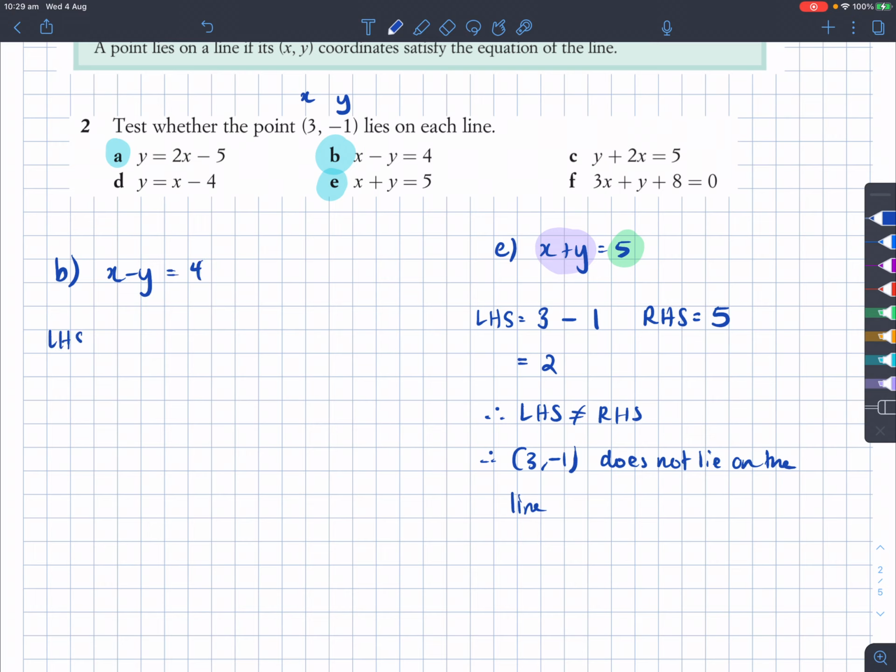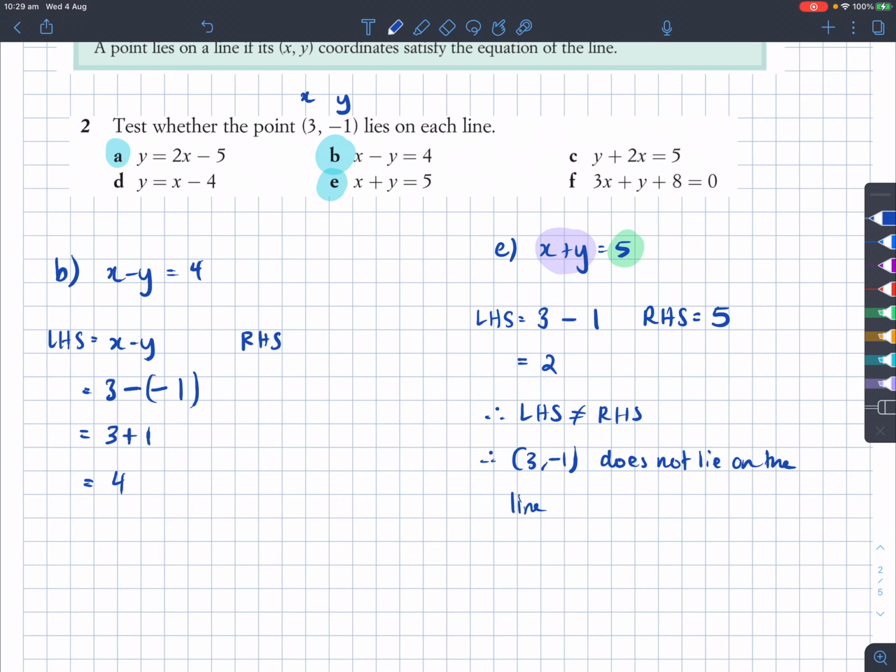My left-hand side is x minus y. x in this case is 3, then I'm going to write that minus sign. Now y in this case is negative 1. So when I write minus of negative 1, I have 3 plus 1. The negatives both change to plus. So 3 plus 1 now is 4.